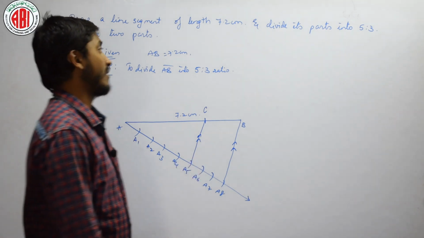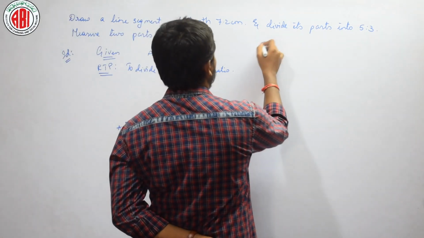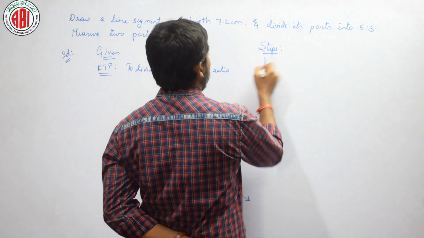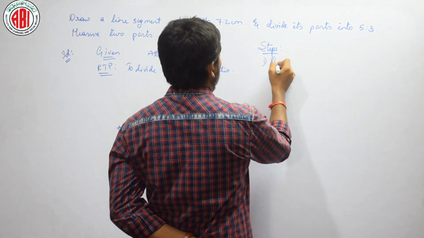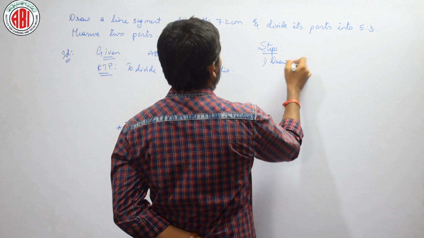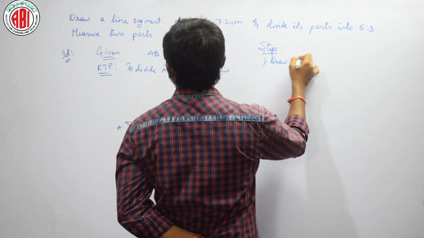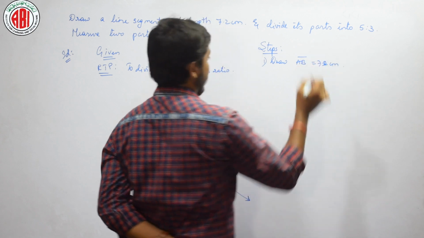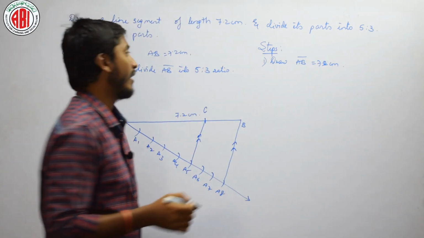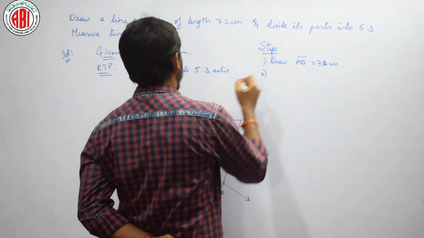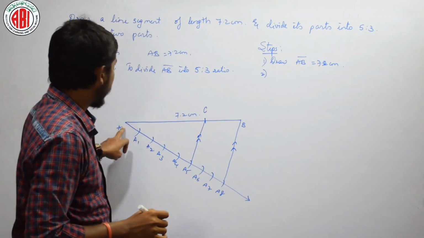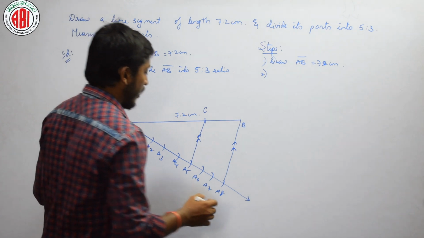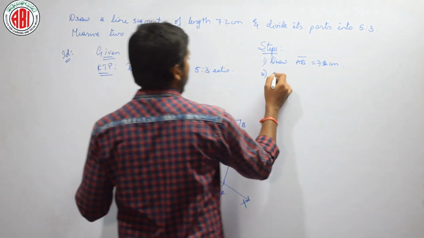Okay. Now let us write the construction steps. What is the first step? Draw line segment AB equal to 7.2 centimeters. Then, second point, what is it? Draw some ray. Let us assume it to be AX.